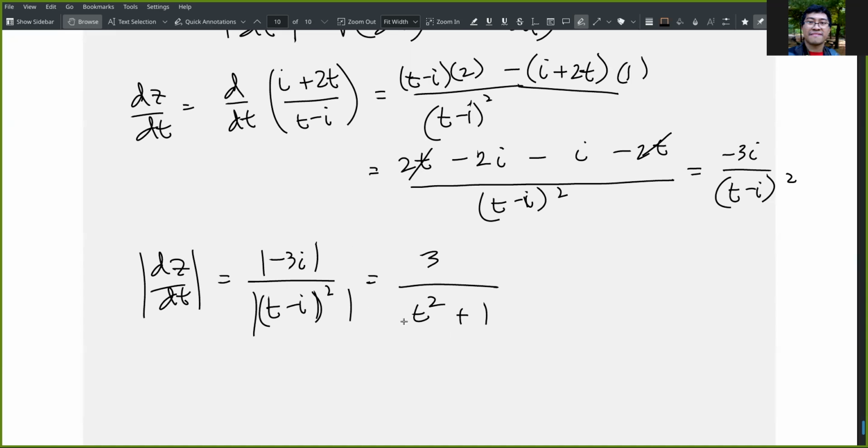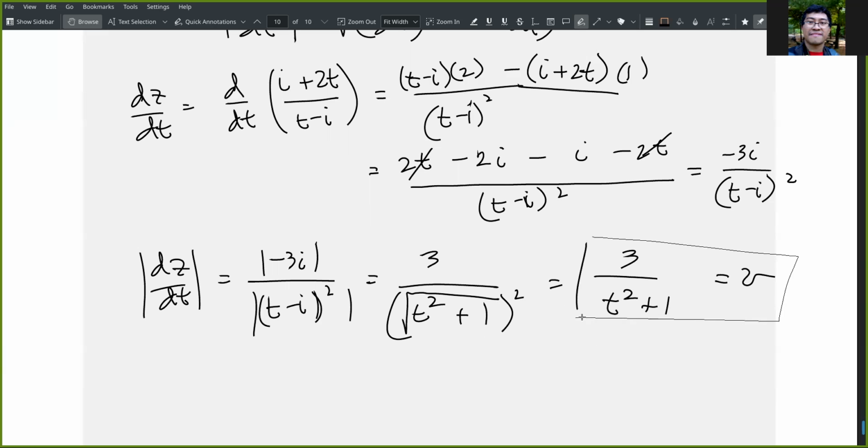You take the square root, but then you're taking the square, so that would be 3 over t squared plus 1. That's our velocity.